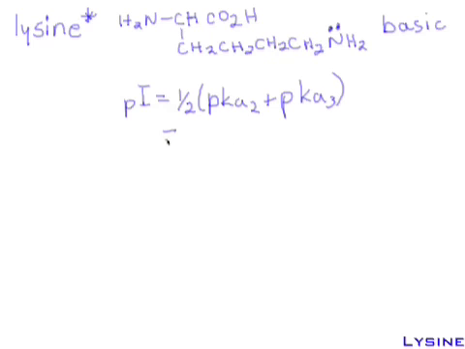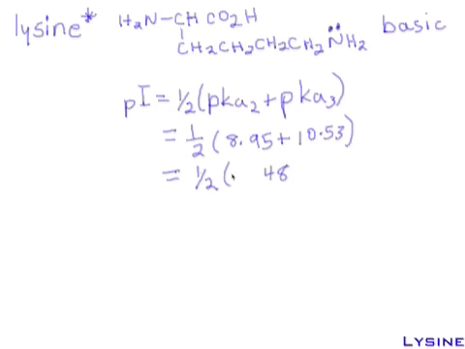If you solve this, and I believe we did lysine last time, we have 8.95 plus 10.53, which gives me 1/2 of 19.48, which equals 9.74.